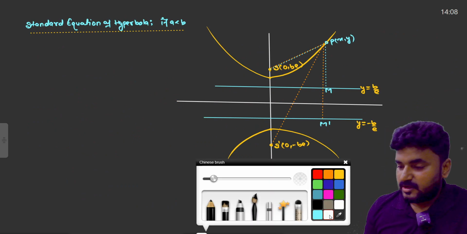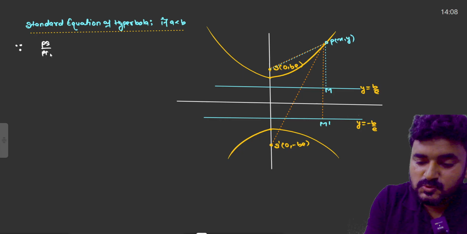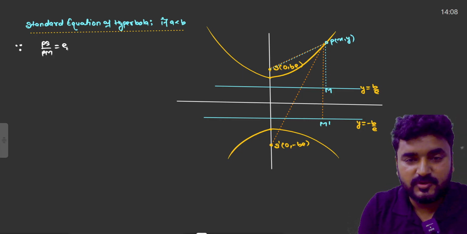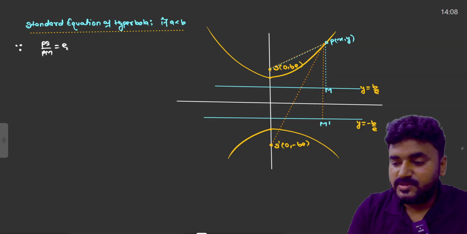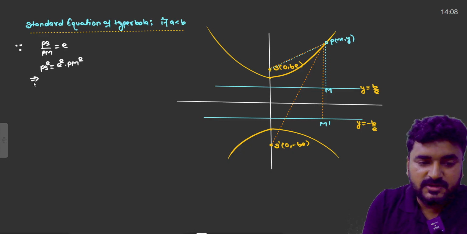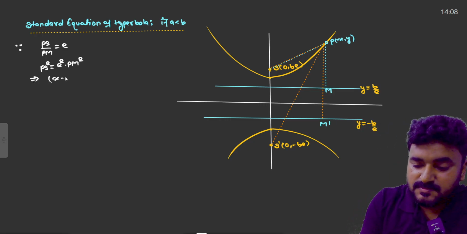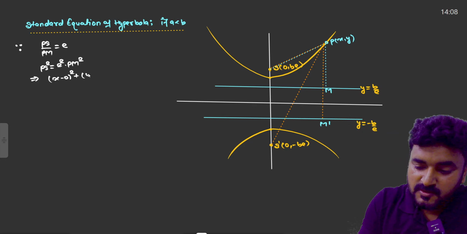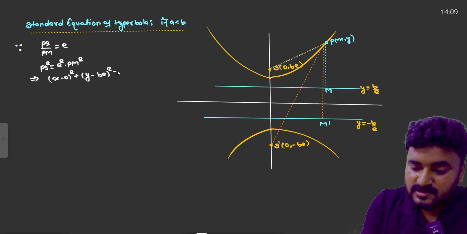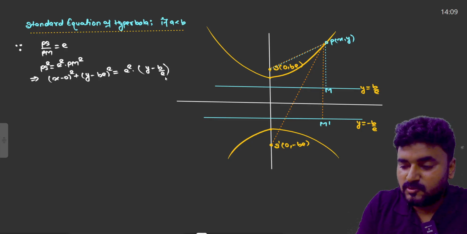So therefore now we will write the equation. Let us derive. You know PS by PM is equal to e, a constant, because this is the definition of the conic section. So PS square equals e square into PM square. PS is the distance between P and S, so x minus 0 whole square plus y minus BE whole square equals e square into y minus B by e whole square.